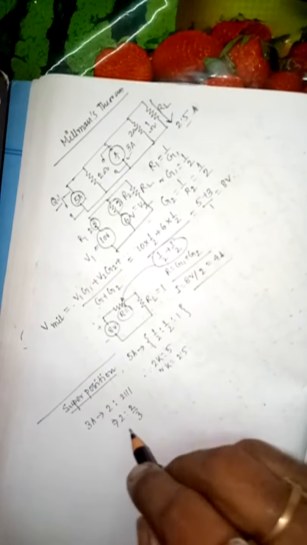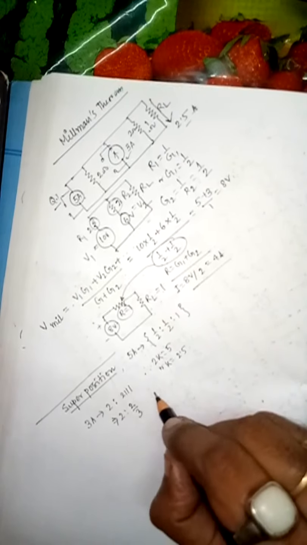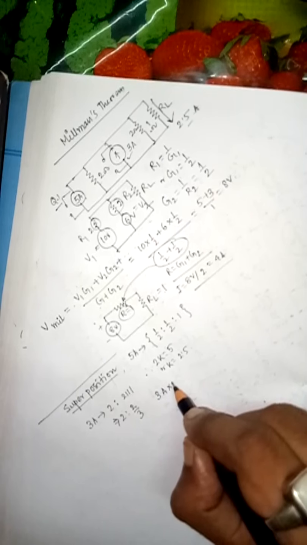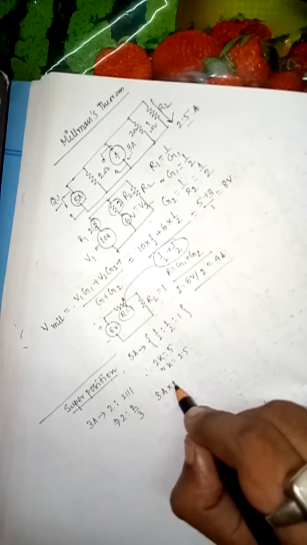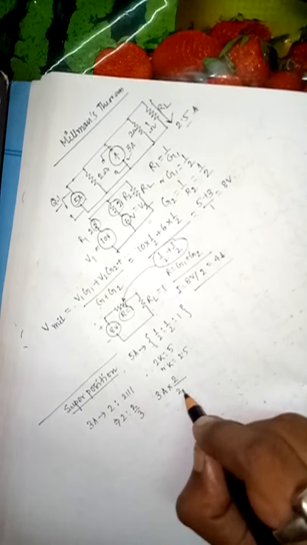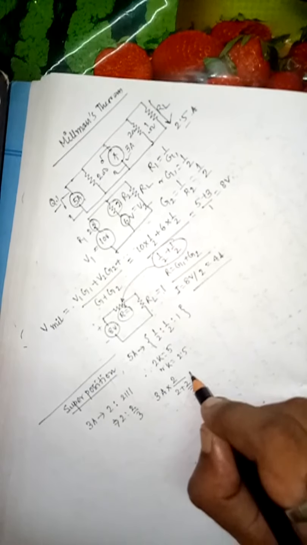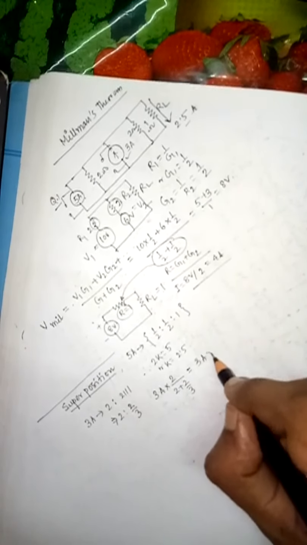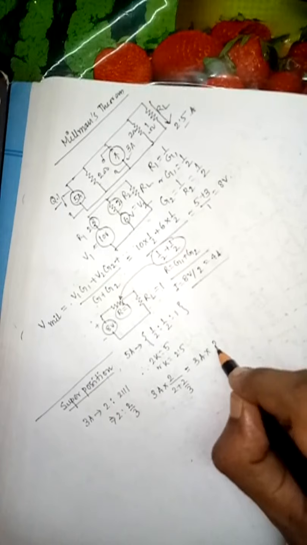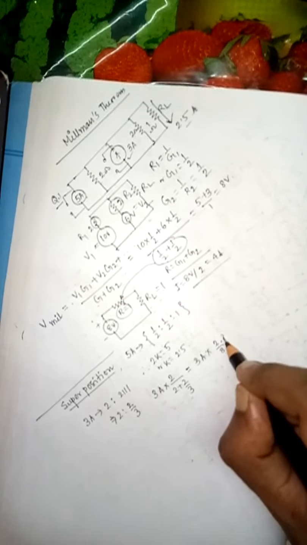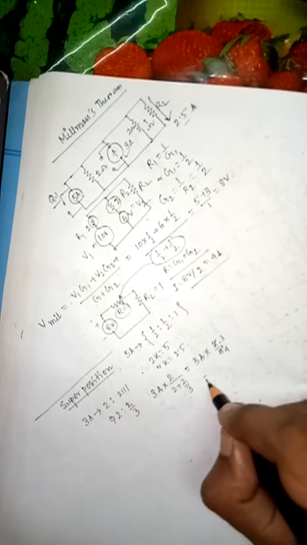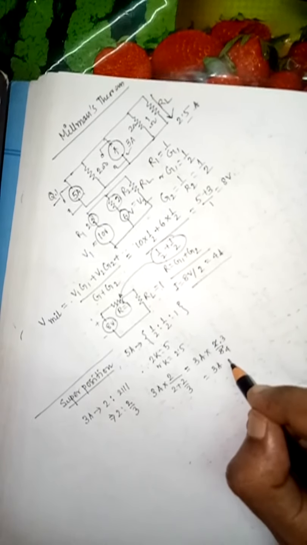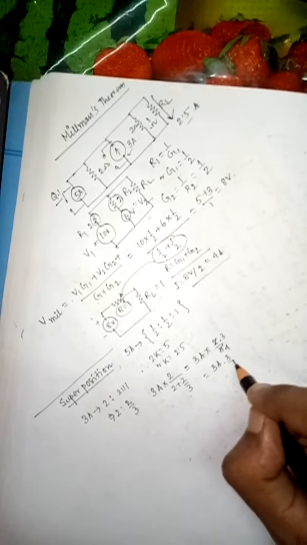You have to find it using the formula: 3A into 2 by (2 plus 2/3), which is 3A into 2 by 8 into 3, and this is 3/4.